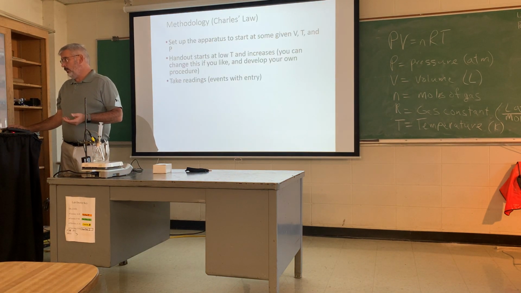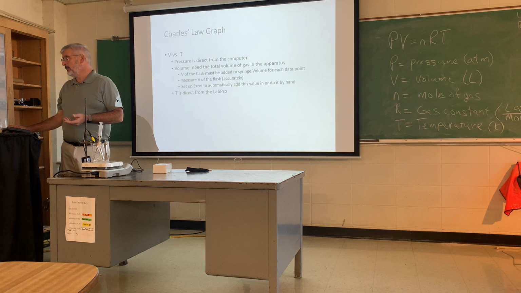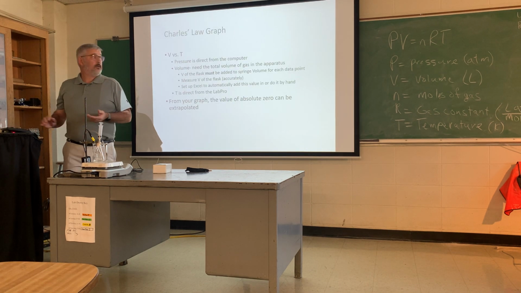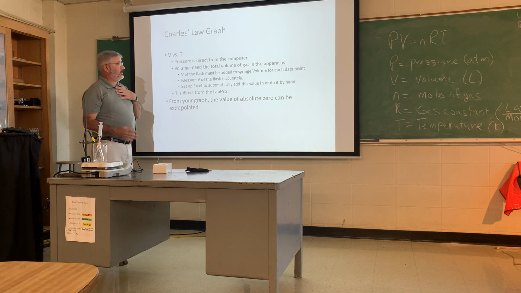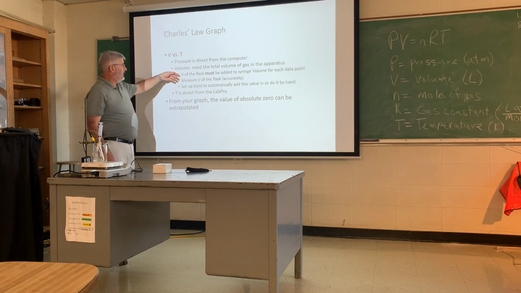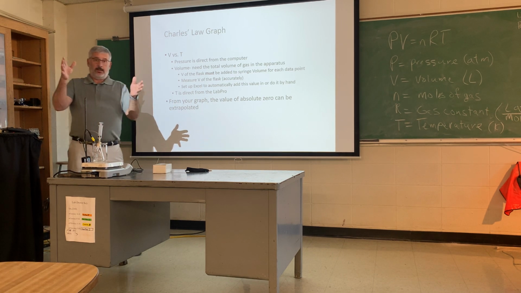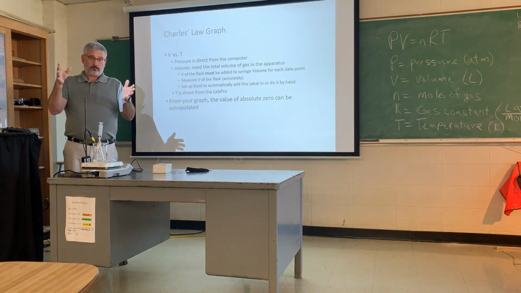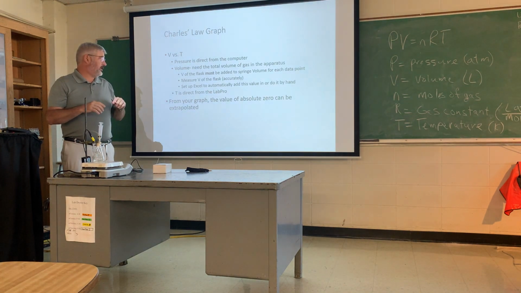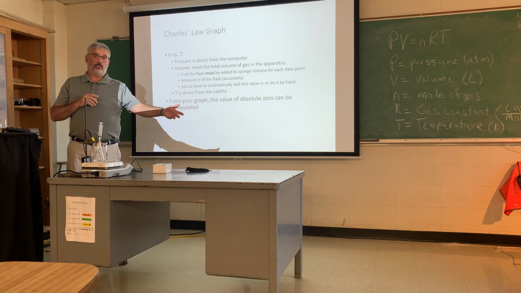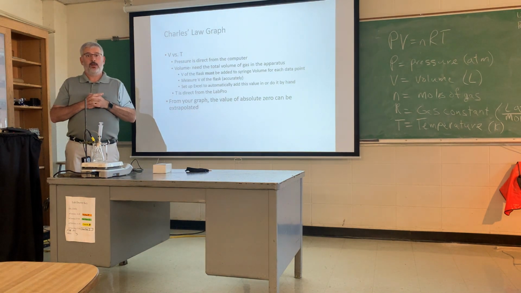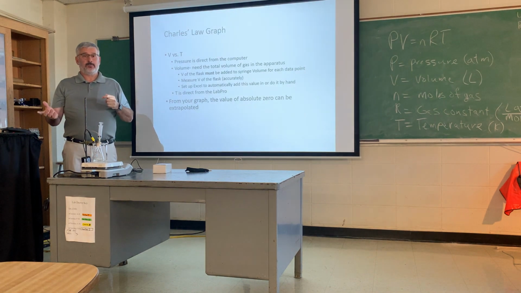And then from that, we're going to plot the data in Excel. So you'll want to export the data to Excel, and we want to use the volume and temperature data, and we're going to graph that volume temperature data where we collected it, and then we're going to do an extrapolation back to where it intersects with the y-axis, and where it intersects with the x-axis.